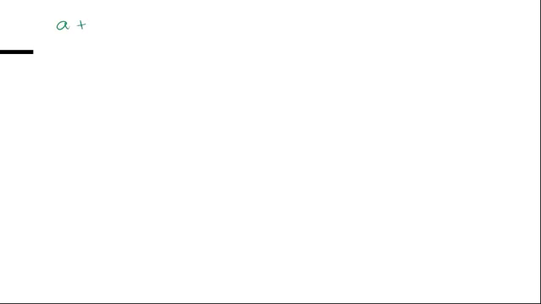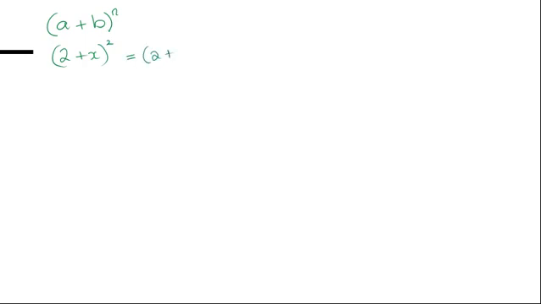So for example, a plus b, that would be a polynomial. Now, the theorem is about expanding a binomial raised to some power, right? So, for example, you may want to expand 2 plus x squared. And that's easy enough.